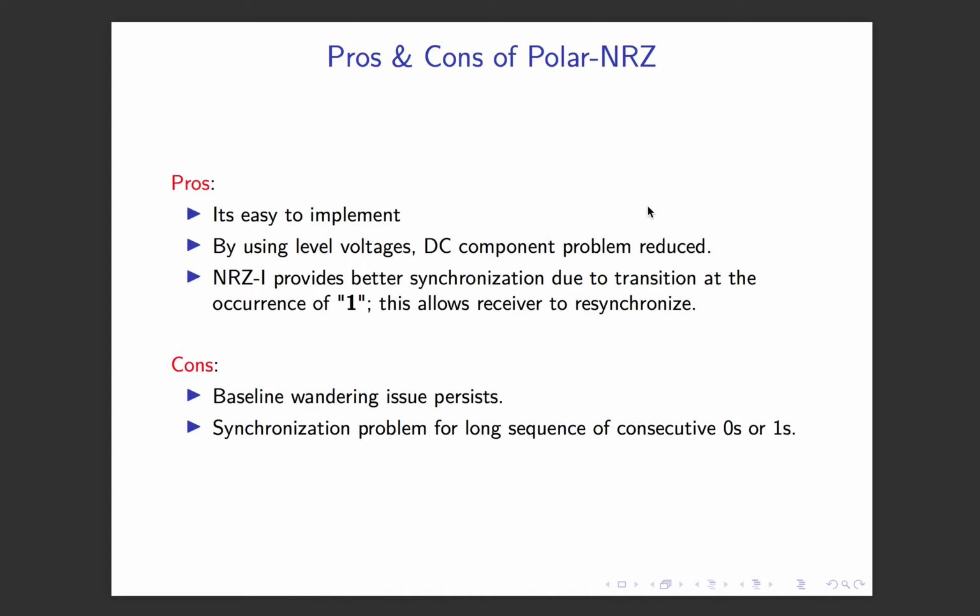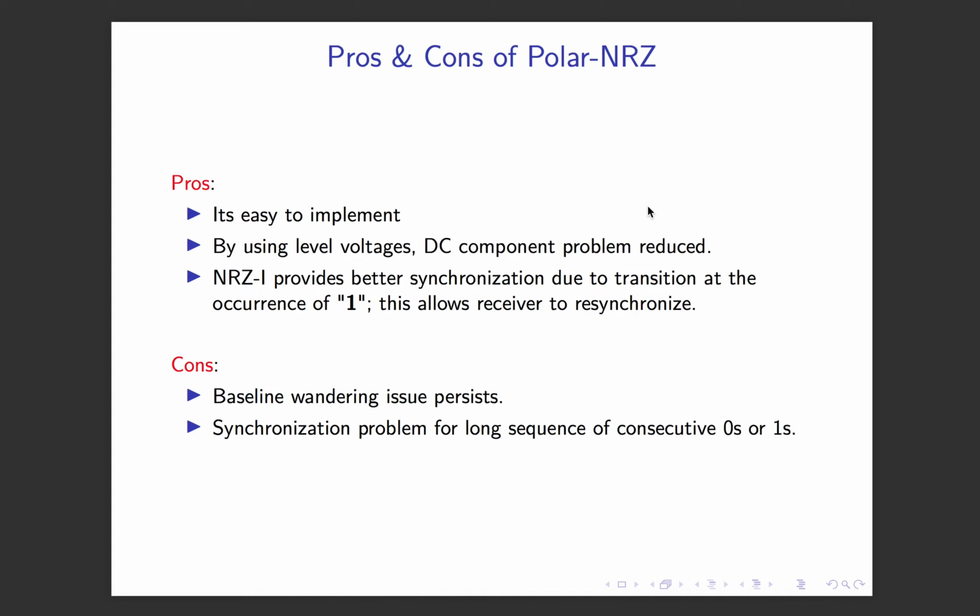As we know, the schemes are easy to implement, and by using the voltage levels we have discussed, we have reduced the DC component issues. Due to the NRZ-I scheme, it's easier to synchronize, because in NRZ-I we are not really depending upon the level voltage, rather we are counting the transitions.